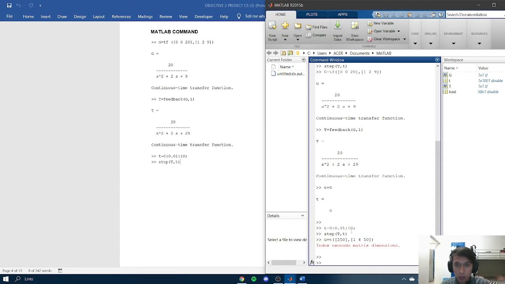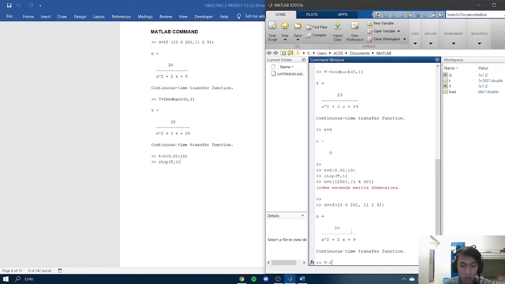You will get the step response from Simulink, and then for MATLAB, you just need to write G, 0, 0, 20, and then 1, 2, 9.